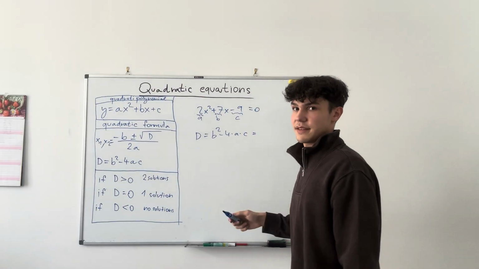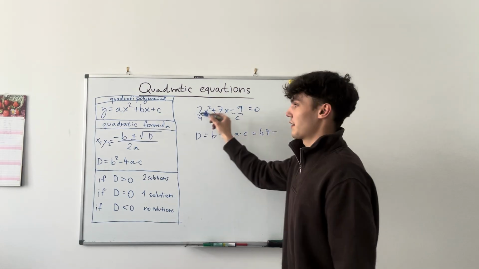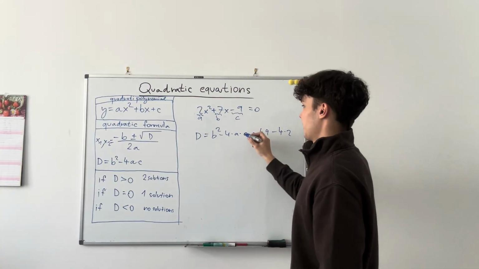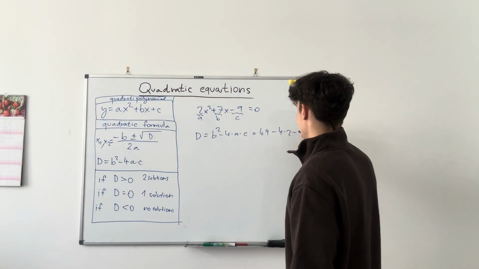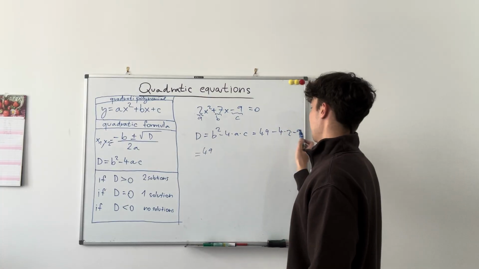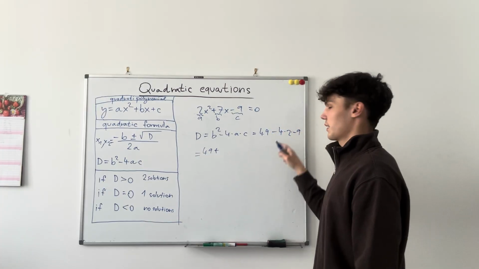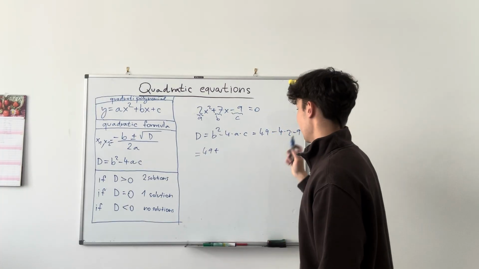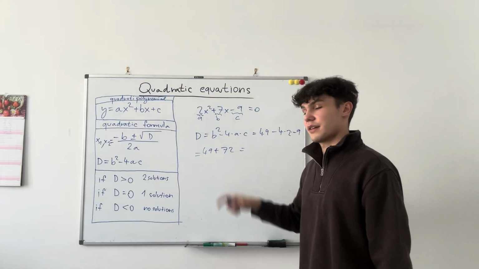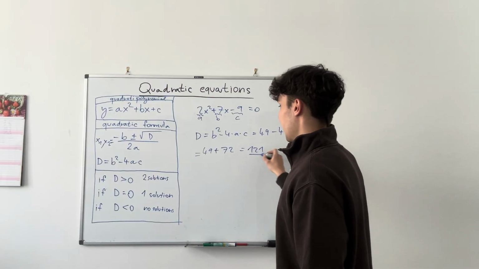B squared is 7 to the second power, that's 49, minus 4 times 2 times c, which is minus 9. So 49 minus a minus gives plus: 49 plus 4 times 2 is 8, times 9 is 72. And 49 plus 72 is 121, which is great.